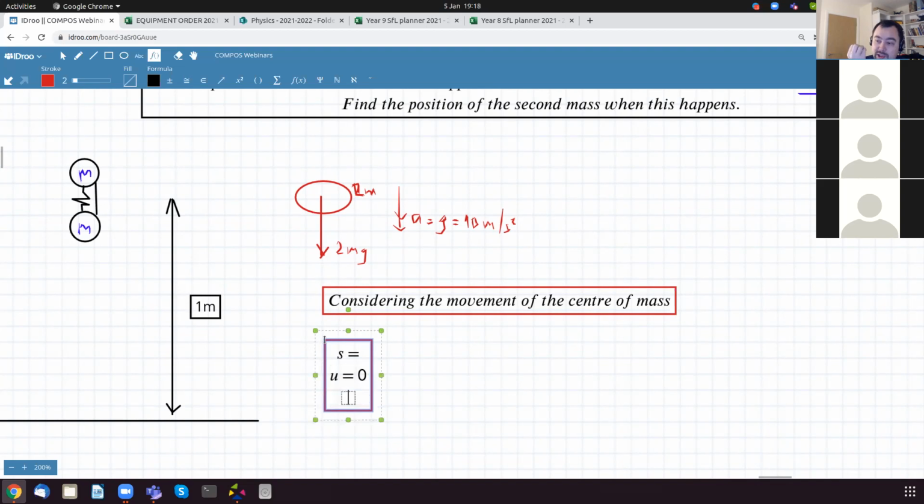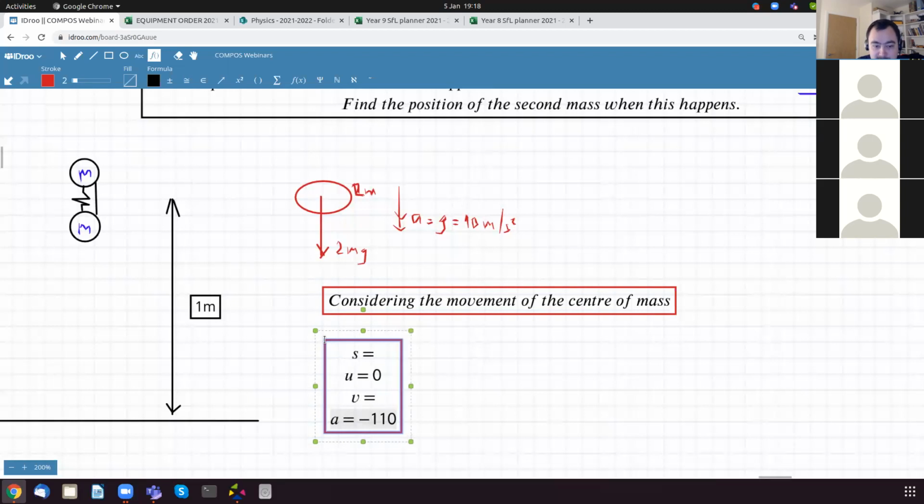Initial velocity is 0 because we are just dropping it. V, we don't know, and we're not really interested in that. Acceleration is equal to, well, minus 10, technically. And t is 0.2 seconds, because we are interested in what happens in the first 0.2 seconds.